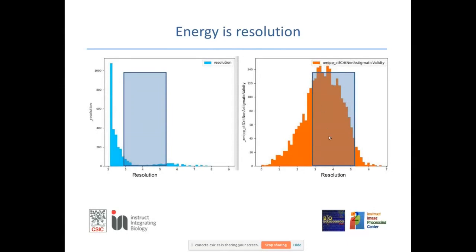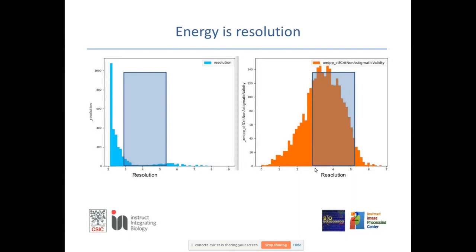And this is a plot that is computed with the XMIPP CTF of at which frequency, at which resolution we are violating this assumption, such that the two waves of the CTF are completely out of phase, with a phase shift of 180 degrees.